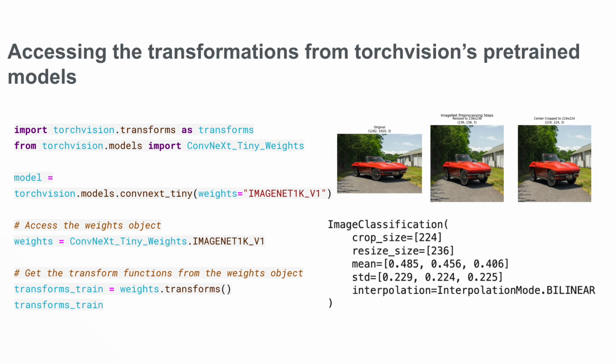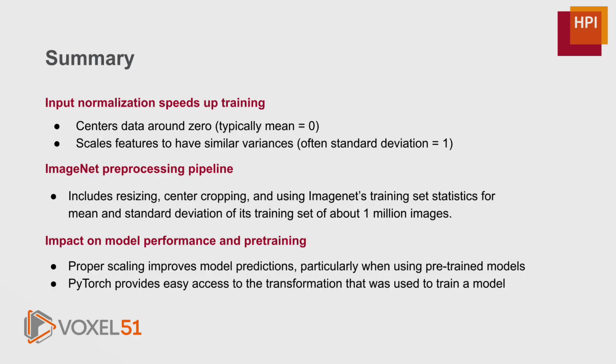We see here that we do a center crop that is going to give us an output image size of 224, but it is first resized to 236. So this is an important detail. The resizing usually happens before cropping, and in this transformation for the ConvNeXt architecture, we see the output of what would happen step by step on one of the images that we worked with before.